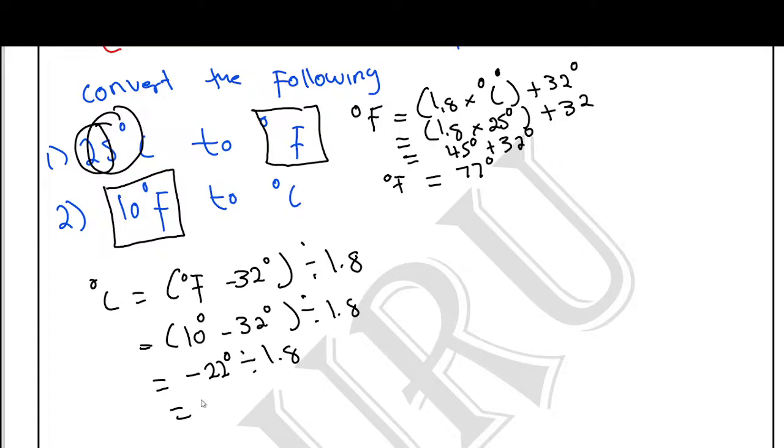Then let's see, we divide by 1.8, and that gives us negative 12.22 degrees, meaning that 10 degrees Fahrenheit is equivalent to negative 12 degrees, and that is how we convert temperature.